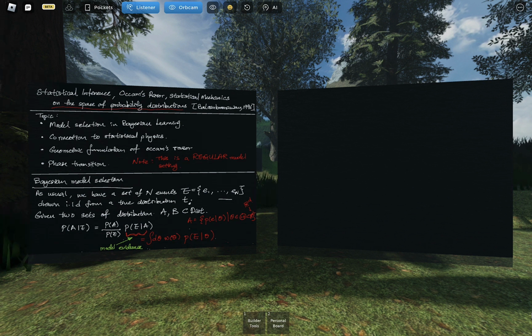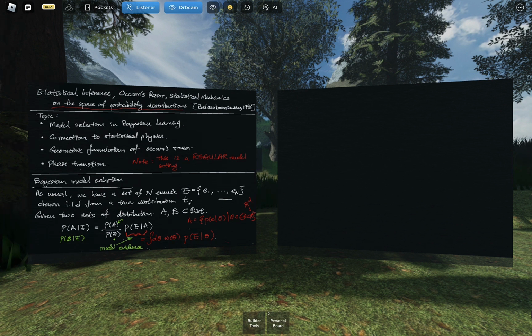Okay, so if we manage to calculate every quantity in here, so if we get model evidence, and since we are working things out in the theoretical sense, people might come in with different values of P of A and P of B. So those are probably subjective. So theory-wise, we don't care about those. And if we're comparing P of A given E versus P of B given E, the probability of E, the probability of that event, is just a normalizing constant.